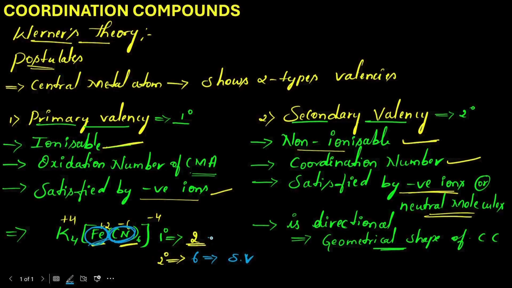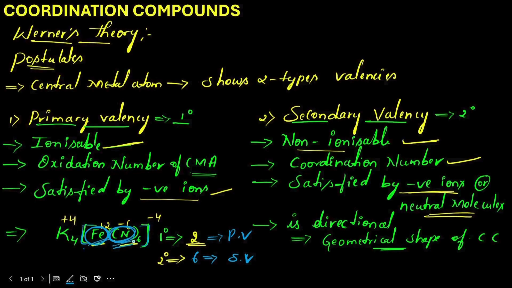Here, 2 is nothing but the primary valency. The secondary valency is non-ionizable, because the metal and the ligands present inside the coordination sphere are non-ionizable. The secondary valency is satisfied by negative ions and also neutral molecules if there are any.